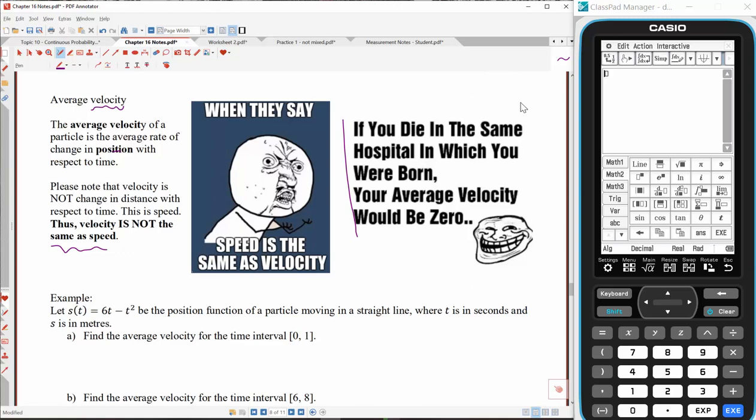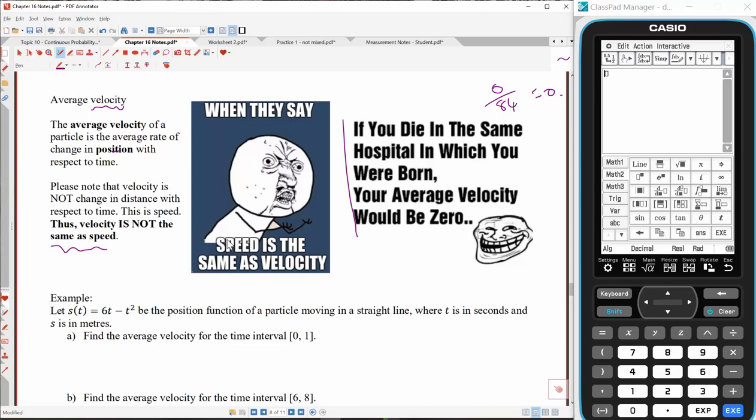Then you get sick in your 80s, go back to the hospital and die there. Remember, velocity measures the change in position relative to time. If you are born and die in the same hospital, your position at both of those moments would be position 0, at the origin. Therefore it would be 0 divided by however many years you live, which is 0.